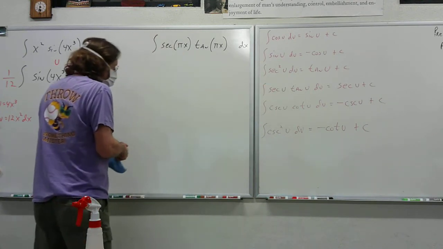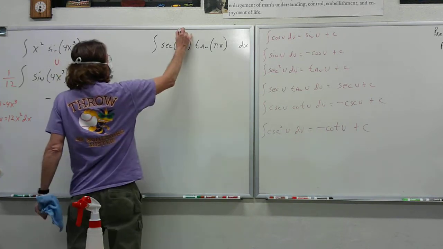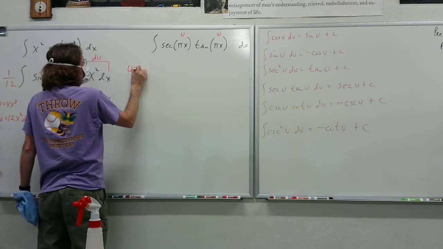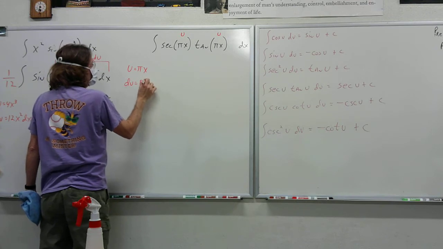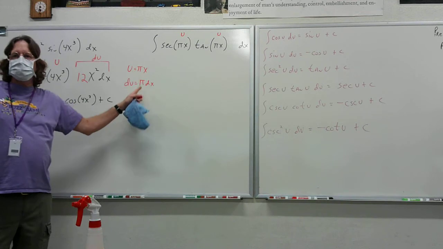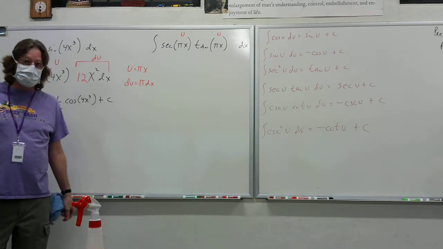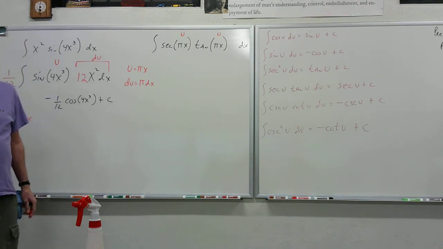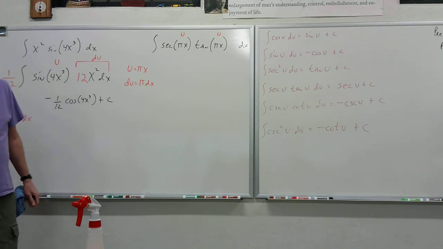Now, if that's true, then what's your u in this case? Pi x. So go over here and write u equals pi x, du equals pi dx. Now, this part over here that I'm writing down, you wouldn't write it down for this one maybe. I know your professor in college won't write it down, but if you write it down, it will really help you get in the habit of always writing your u, taking the derivative of it.